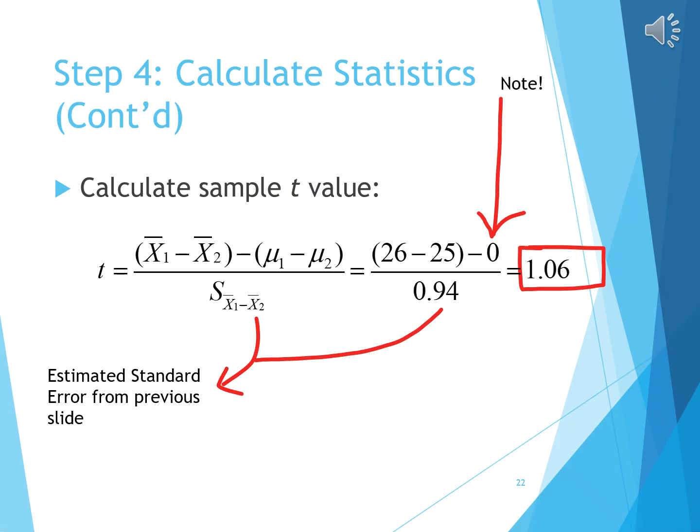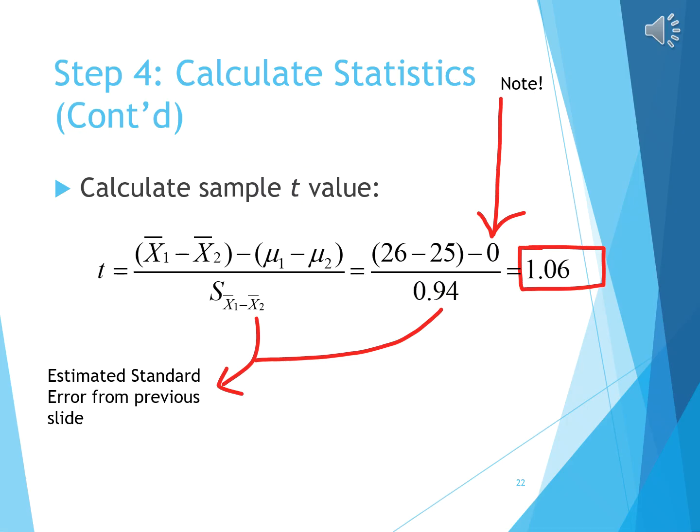So that whole mu1 minus mu2 term just drops out of the equation because you're subtracting 0. I've seen textbooks that don't even include that term, because we're basically always comparing our sample mean differences to a population mean difference of 0.